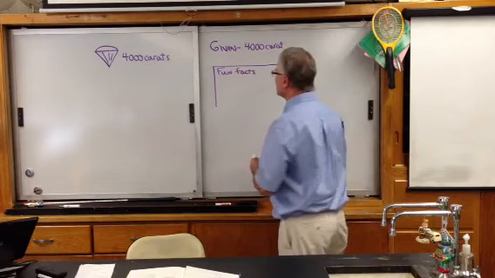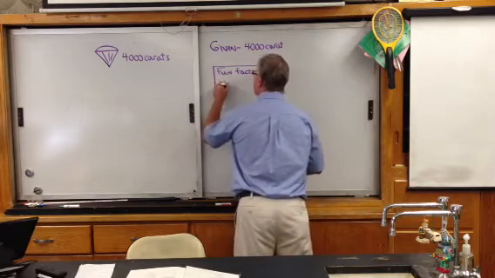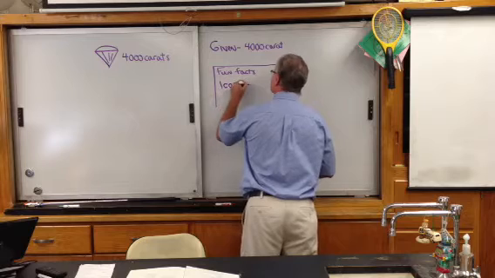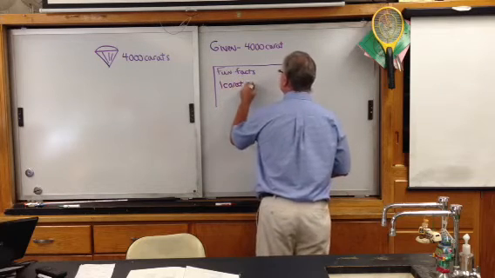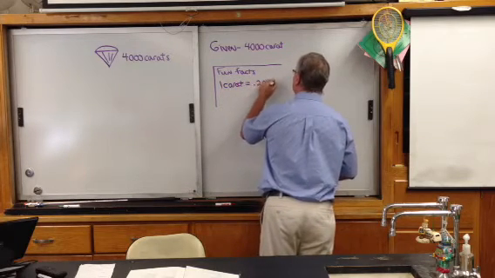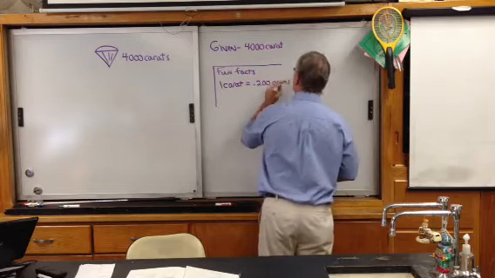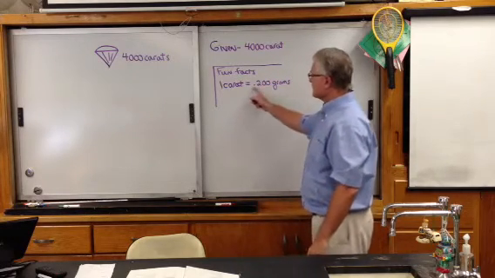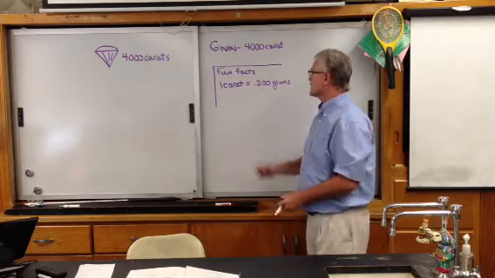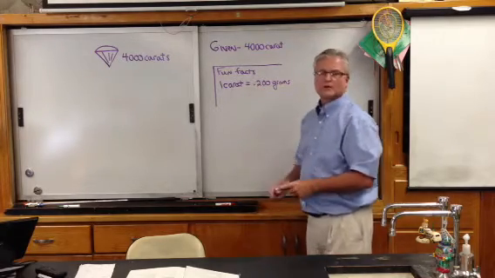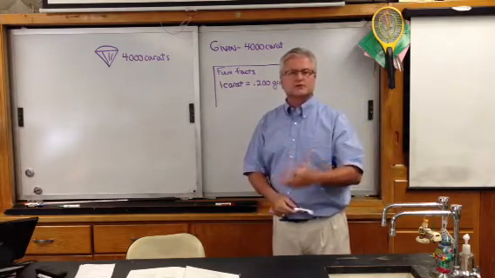All right, our first fun fact, they said, is 1 carat, and this was given to us in the book, is equal to approximately 0.200 grams. All right, notice here that the grams is written as 0.200. What significance do the zeros have?